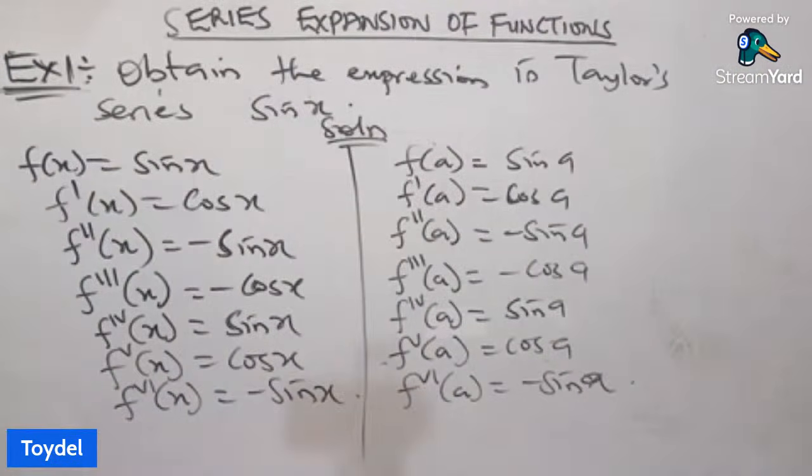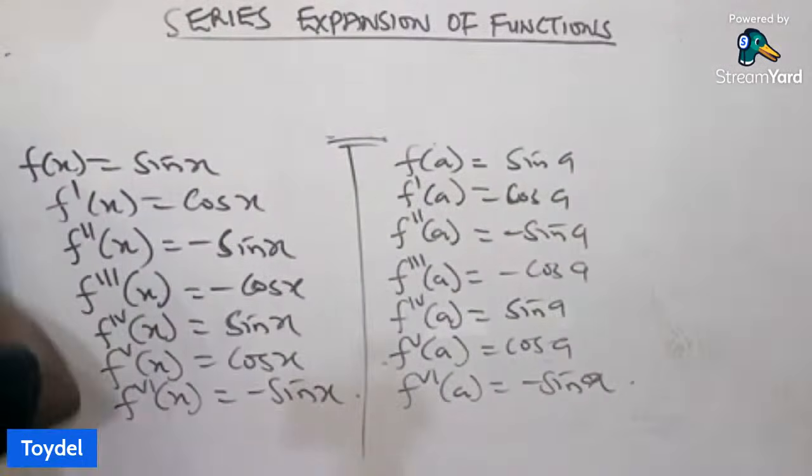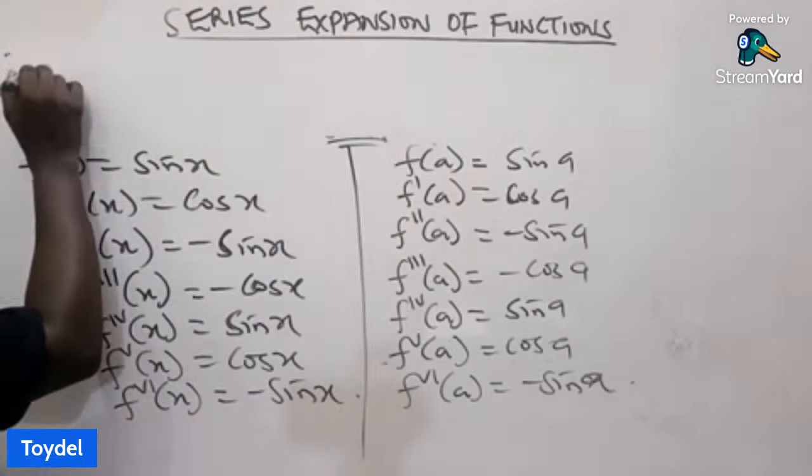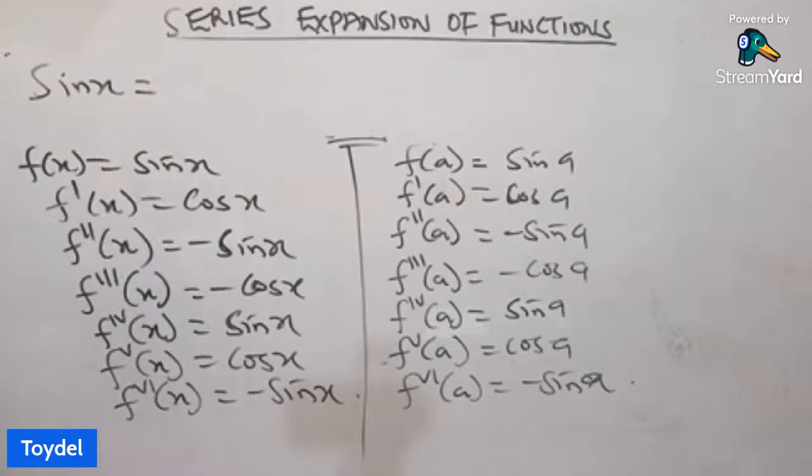So how do we obtain the Taylor series here? For us to be able to obtain the Taylor series of this sine x, this is what we do. Let me first write the formula.